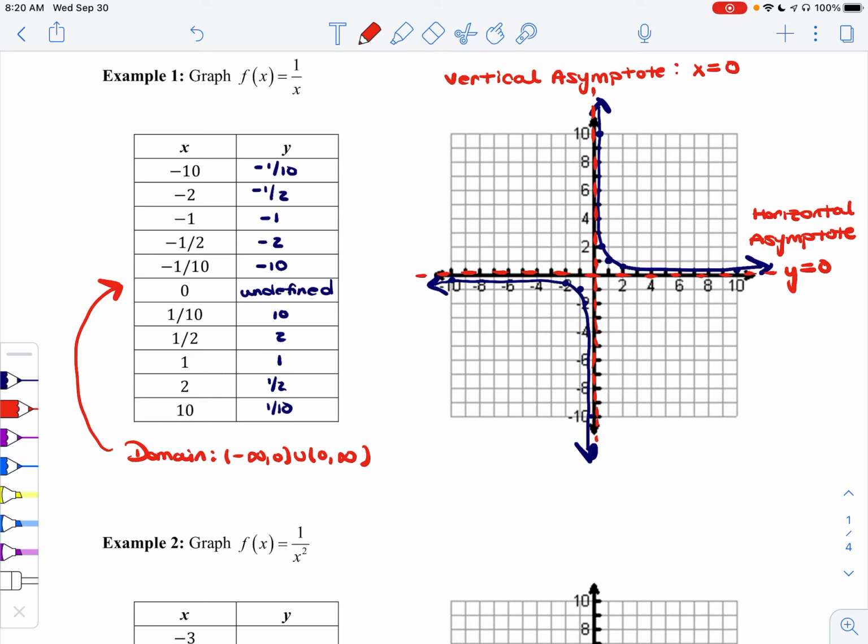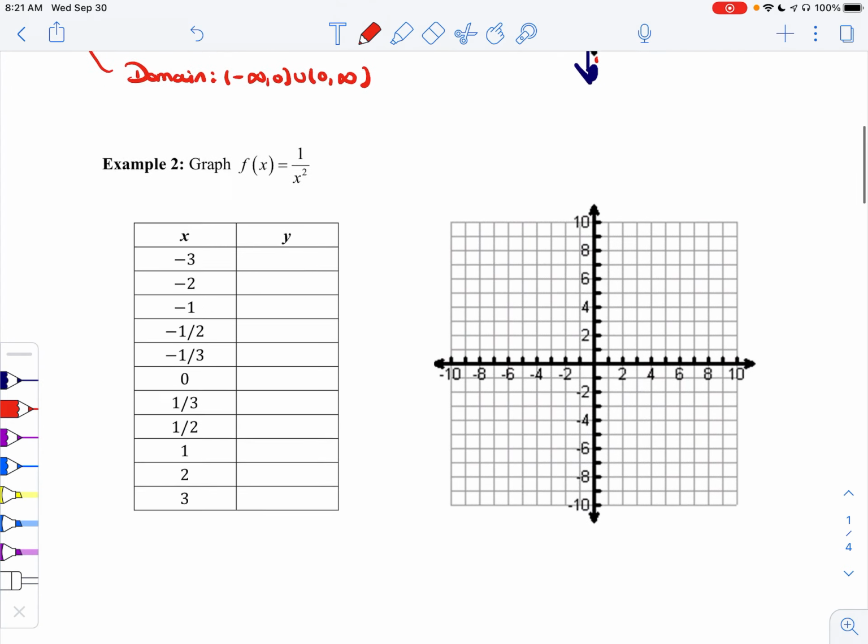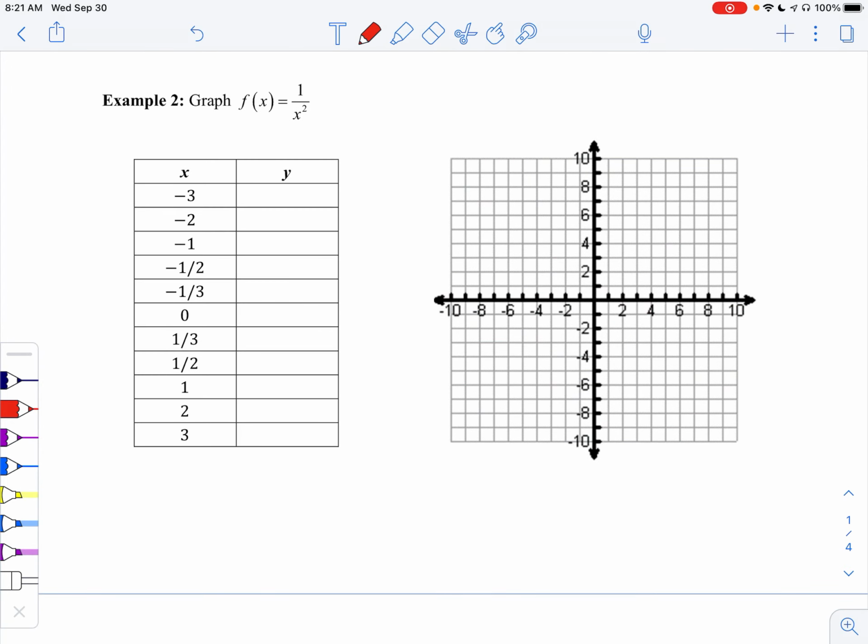There's one other function that I want to look at, but this is going to be a new parent function that we're adding to our list, and that is 1 over x squared. Again, I want to go through and create a table of values, and then we're going to plot our points. This function is going to square all of our x's and then take the reciprocal. So for example, on this first one, negative 3 squared is 9.